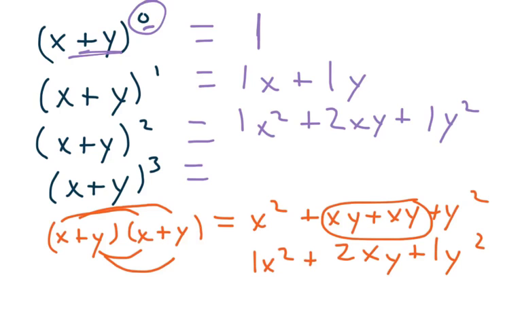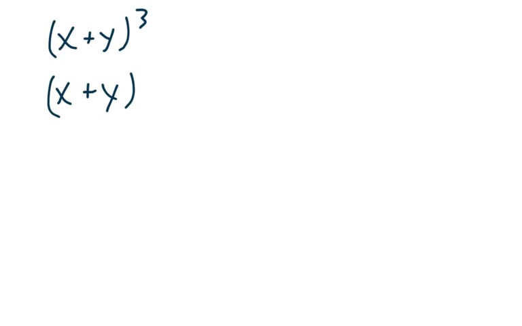Well, I'm just going to go to a new page here, but isn't x plus y to the 3rd power just simply the same as x plus y times x plus y squared?